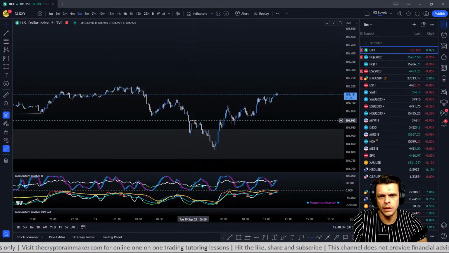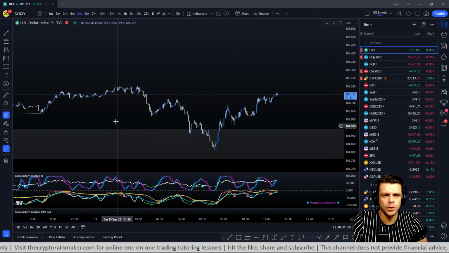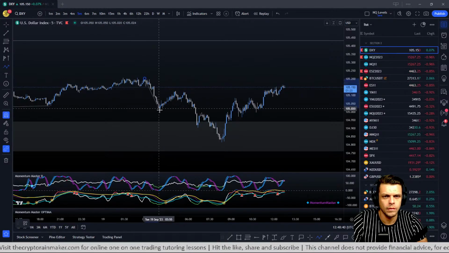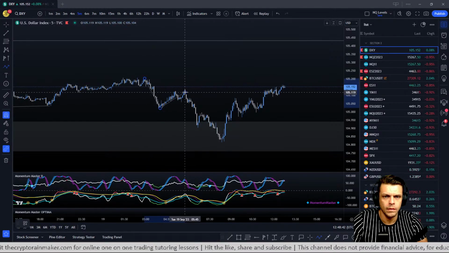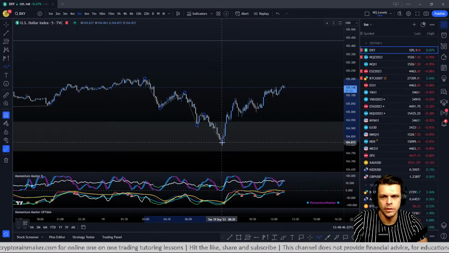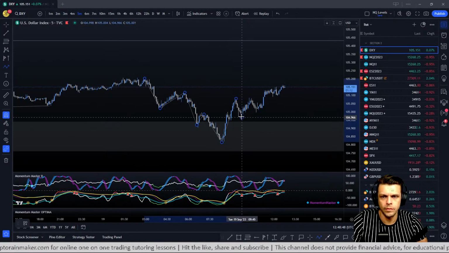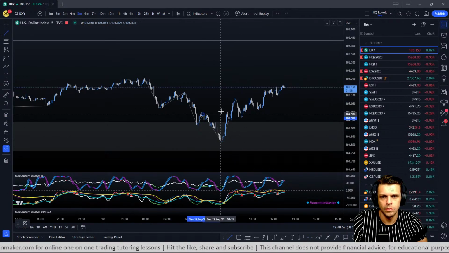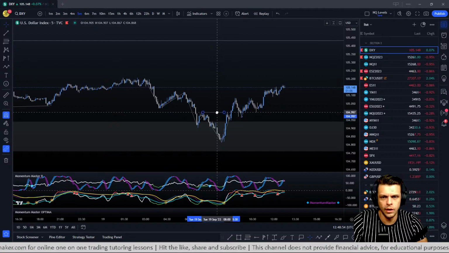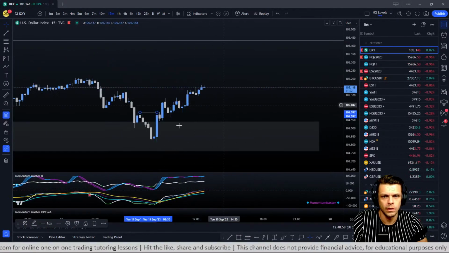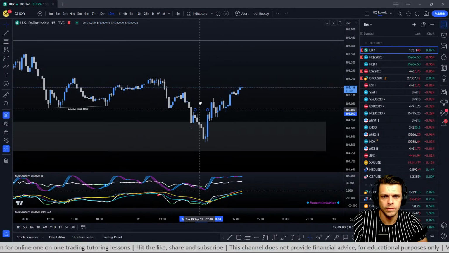So on the 5-minute, it has flipped from a bearish market structure, a series of lower lows and lower highs. And then with this little leg to the upside, we had the market structure shift on the 5-minute. And this will most likely propagate through to the 15-minute as well.